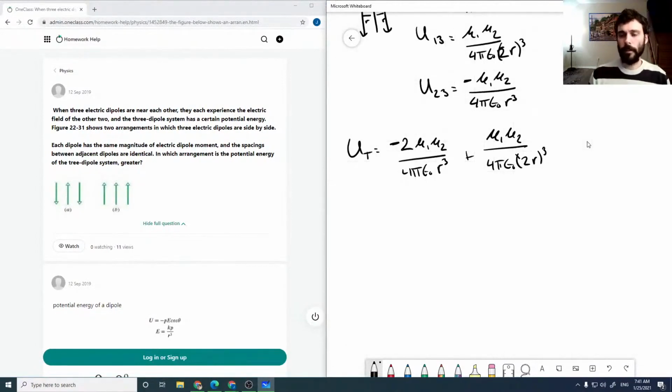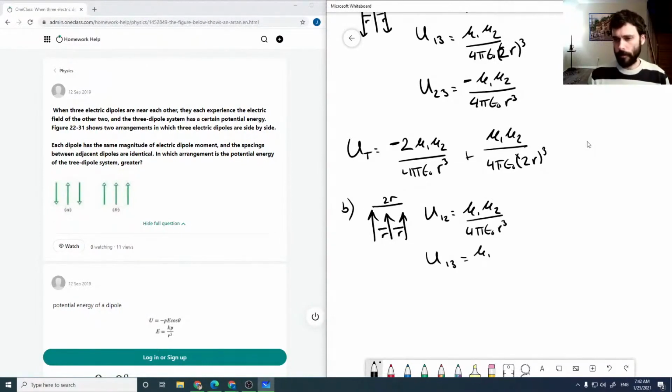Now if we look at the B configuration, where again we have R, R, and 2R, U12 would be mu1 mu2 over 4 pi epsilon naught R cubed, and U13 and U23 would be similar to U12.